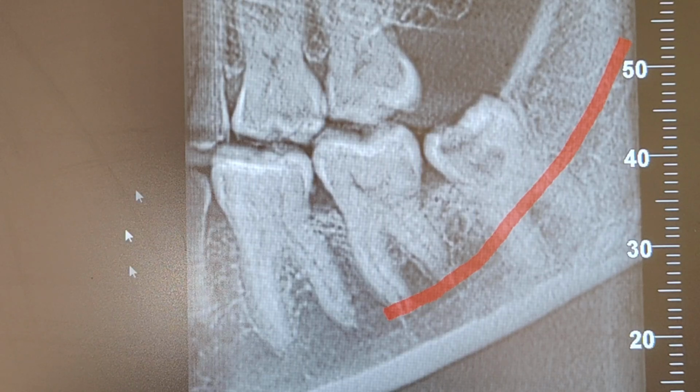So this is a panoramic reconstructed view of a patient with impacted third molar. You can see that the inferior alveolar canal is just running over the roots of mandibular third molar.